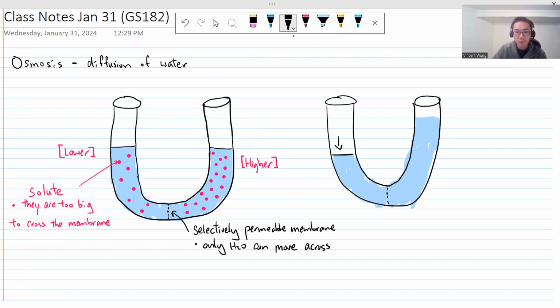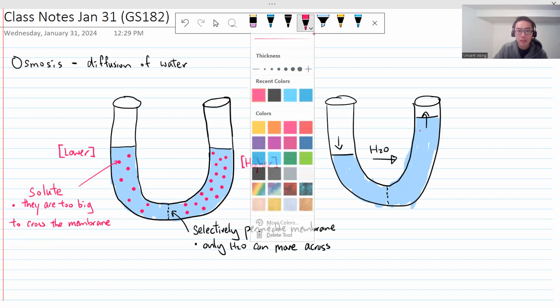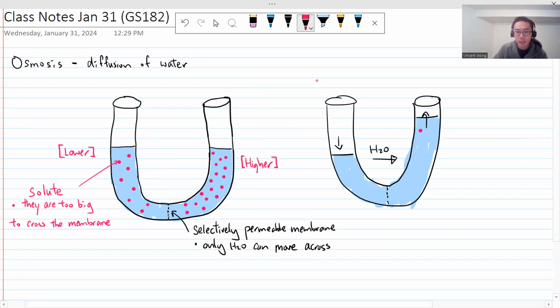So the water level drops on the left, but the water level will rise on the right. And that's the direction of water movement. So afterwards, this will continue until the concentrations are the same on both sides.